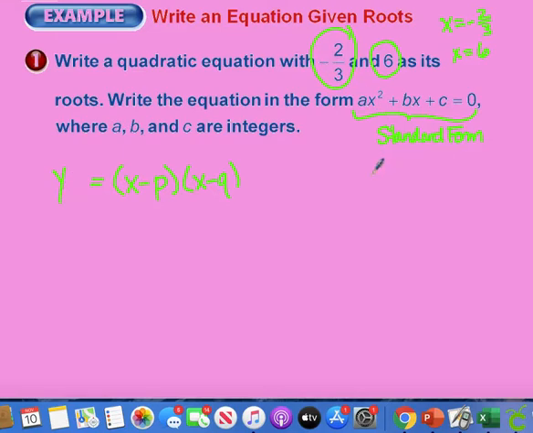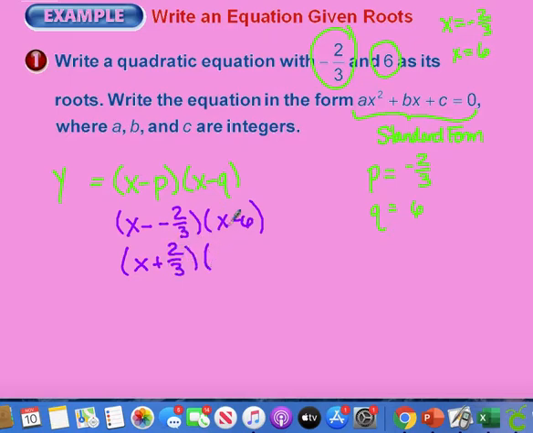Now, it's telling us what our roots are. It's saying, well, our roots are -2/3 and 6. So I'm going to go ahead and replace those up here. So I'm going to write this as (x minus -2/3)(x minus 6). Now you're going to see automatically that the -2/3 is going to change the sign, and that +6 is going to remain -6.